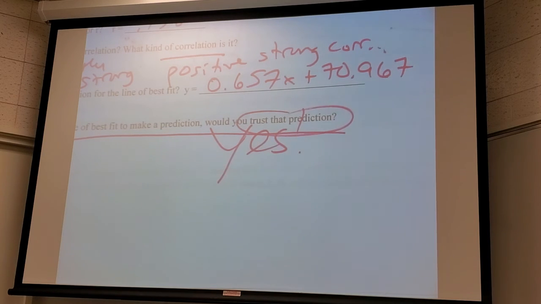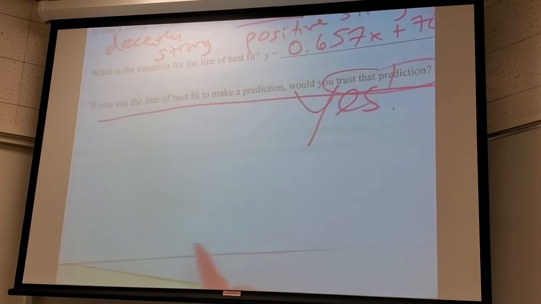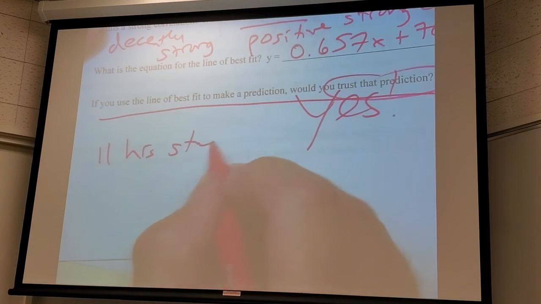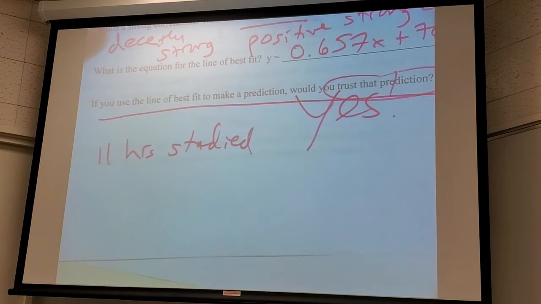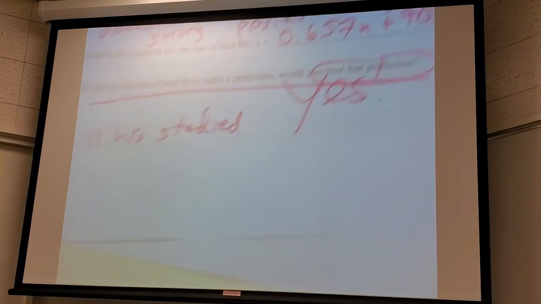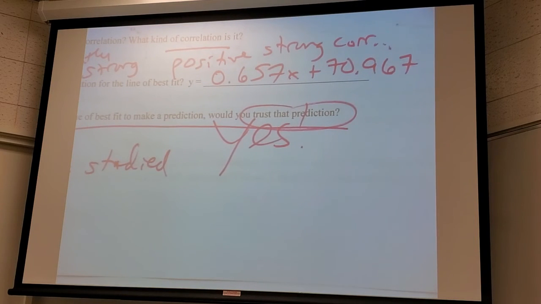So, what if I studied for 11 hours? Could somebody predict what my grade would be? We can. I don't want to just let you do it and then I'll show you a shortcut. In this problem, what is the x variable?